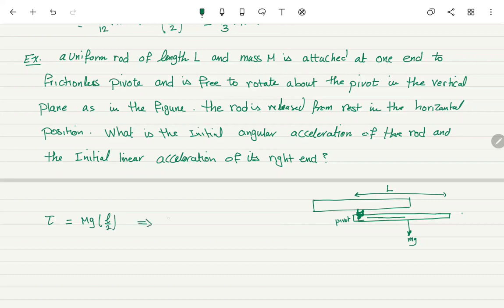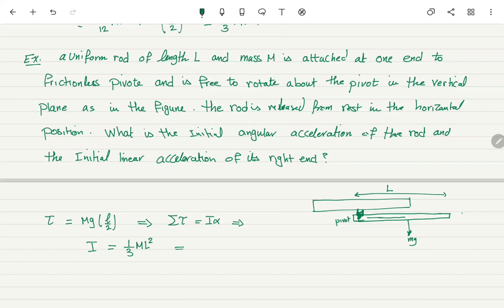Now the sum of all torques, or the net torque, is equal to I alpha, and I for the rod is already calculated, a well-known constant. It's equal to 1/3 ml square.